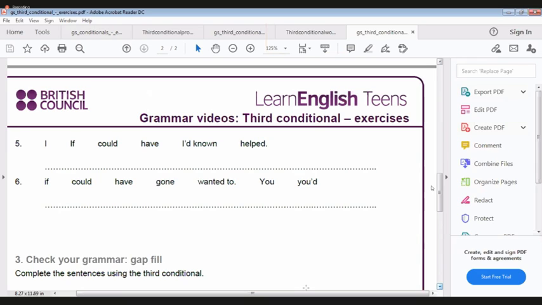Okay, now here, what should be next? Could or would. So here, what is the word you find?